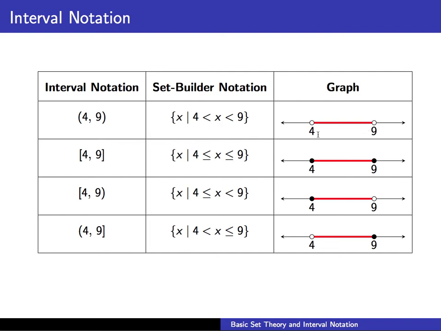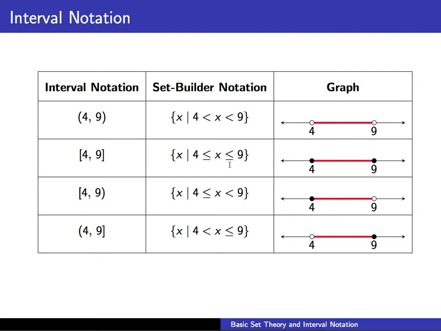And the notation for this, anytime we see an open circle on our graph, or we see a less than symbol, we use parentheses. So I like to go from the graph to the interval notation. So we have all the numbers between 4 and 9, not including 4 and 9 because of this less than symbol.